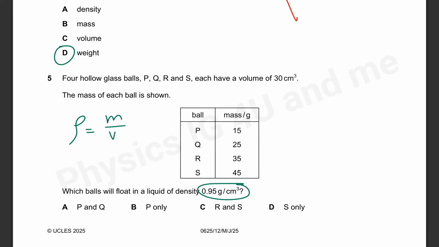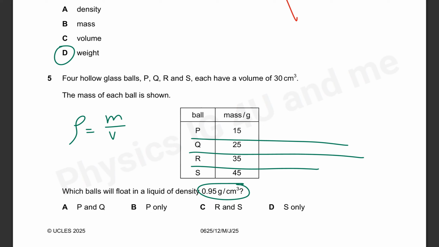Let's find the density for each one of them. For P it is 15 over the volume 30, so it is 0.5 gram per cubic centimeter. For Q it is 25 over 30, which will give me 0.83 gram per cubic centimeter.